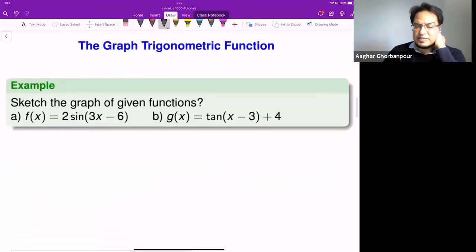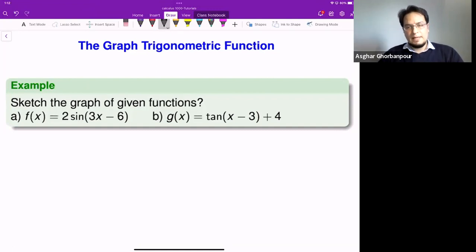In the case of sketching graphs, you have to know the basic graphs, sine, cosine, tan, and then how the transformations work. We have done enough examples in our previous sessions about the transformations. So I will leave sketching the graph aside for now, and go to the trig identities. Any questions, any comments? Adam, do you still have a question, or did you forget to lower your hand?